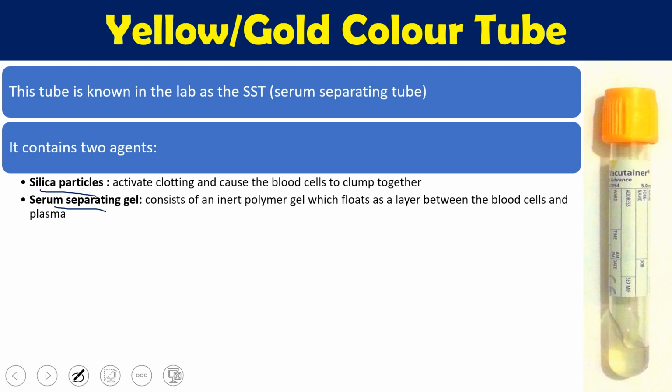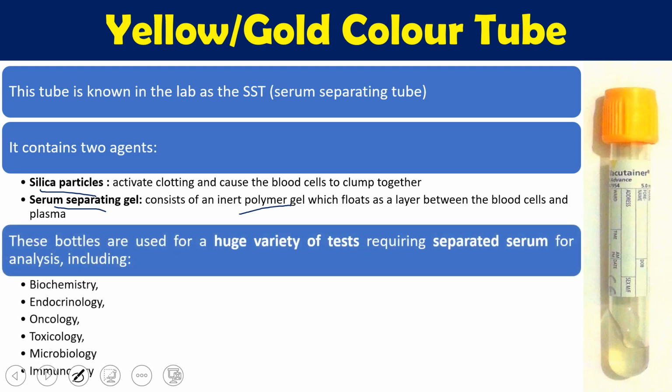The serum separating gel is an inert polymer gel which forms a layer between the blood cells and the plasma, so that they are separated. So it works as a physical barrier between the blood cells and the plasma.